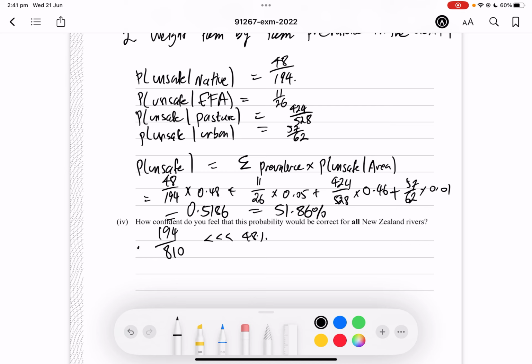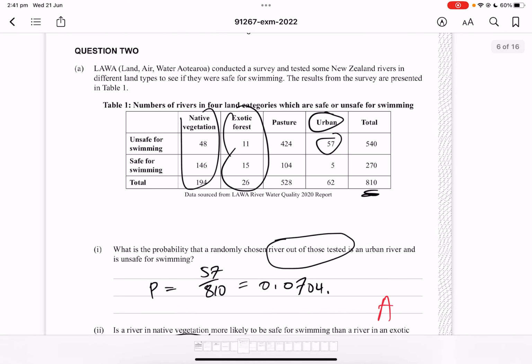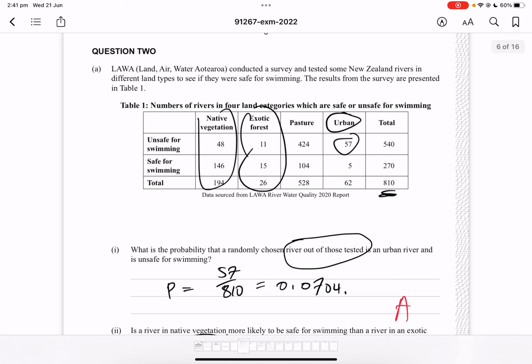It's probably around 25%, which is about half of what you would expect in the real population. So immediately, that's a massive red flag for this survey, in my opinion. And if you want to look at the other points of the survey methodology, it doesn't tell you too much: they conducted a survey, tested some New Zealand rivers and different land types.